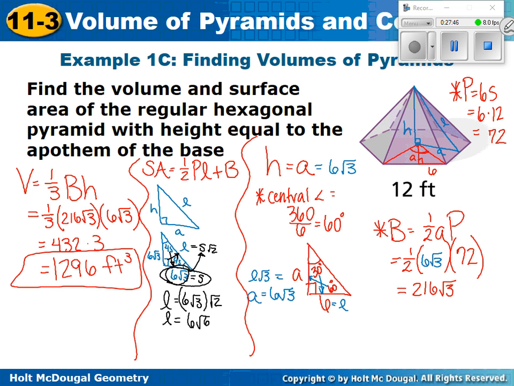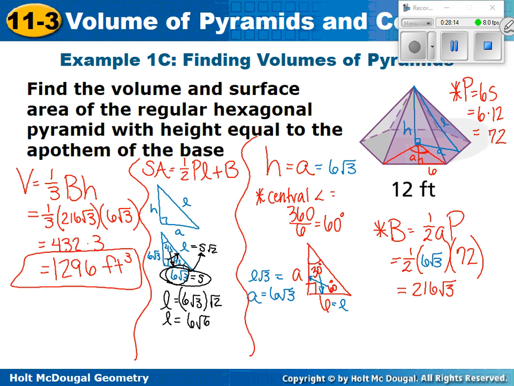If you want to do Pythagorean theorem, I'll show you that over here just to make sure on the whiteboard. You have 6 square roots of 3, 6 square roots of 3, and L. Pythagorean theorem would be 6 square roots of 3 squared plus 6 square roots of 3 squared equals L squared. Be careful. 6 square roots of 3 squared means you have to square both, which means you're going to have what times what here?